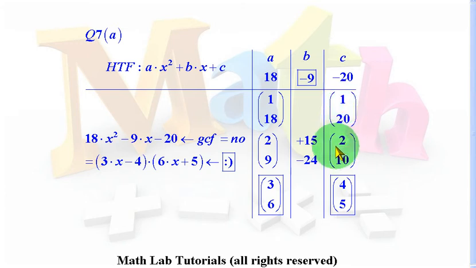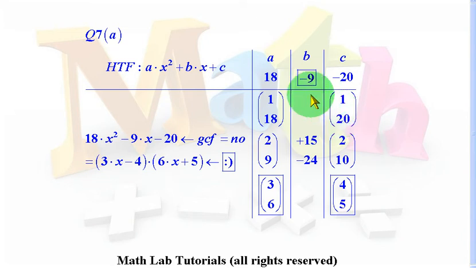So 1, 2, 4 is ascending, and 20, 10, 5 is descending. 1, 2, 3 is ascending, and 18, 9, and 6 is descending. That's the way I like to do these. Now the objective, we're not done yet. The objective is to match a left set of brackets to a right set of brackets.